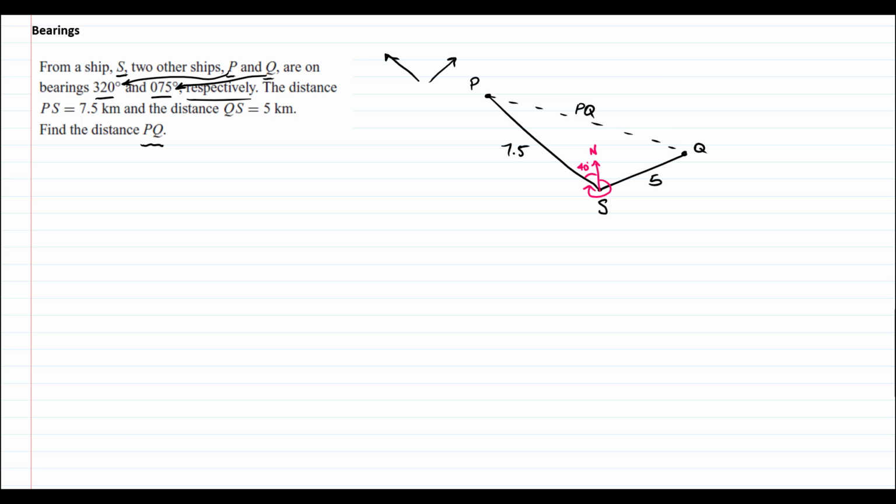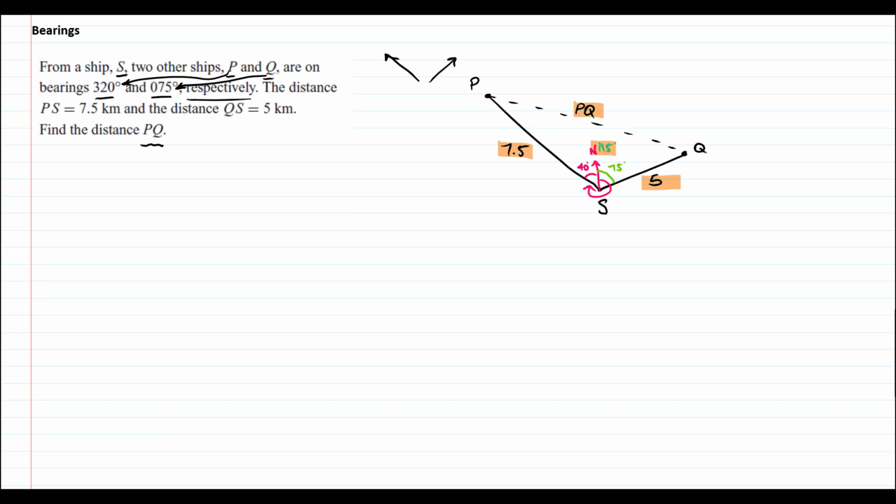And of course, I also know that this one's on a bearing of 75, so there's 75, and this means that the entire angle is 115, 40 plus 75. So now I have a triangle with side lengths 7.5 and 5, an angle of 115, and the opposite side is what I'm missing.